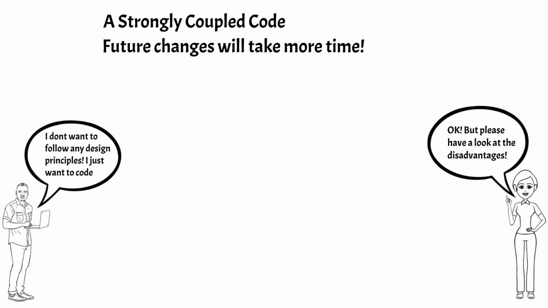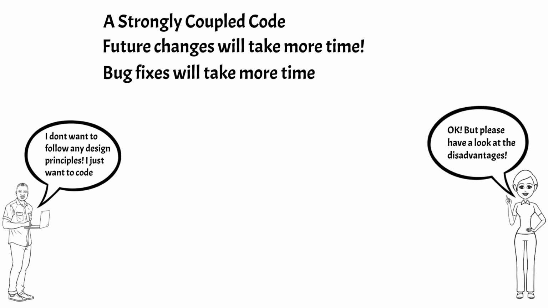And also, if there are any bug fixes that you have to perform, it will take more time, and it may also be a little vague to fix any particular problem, or you will have to spend more and more time to analyze what kind of impact this particular bug fix is causing in other parts of your code, because everything is so strongly coupled with each other. So this is the first problem that we will end up with if we do not follow the SOLID design principles.